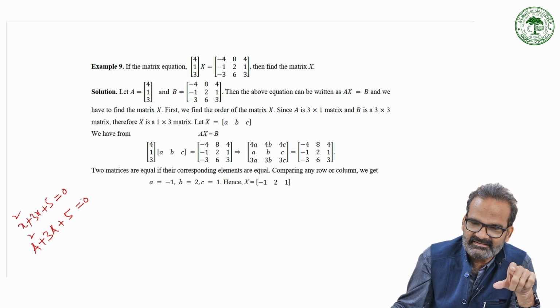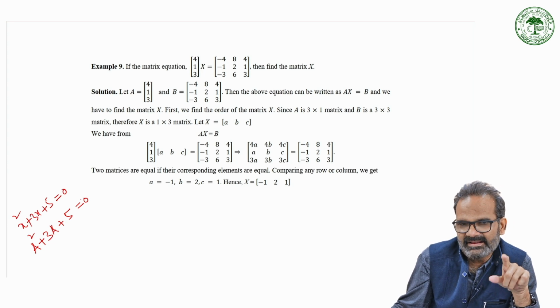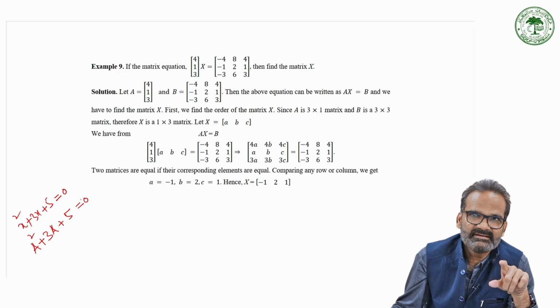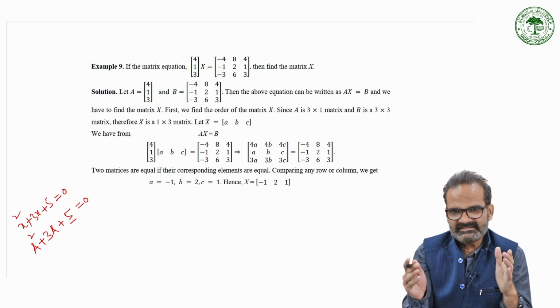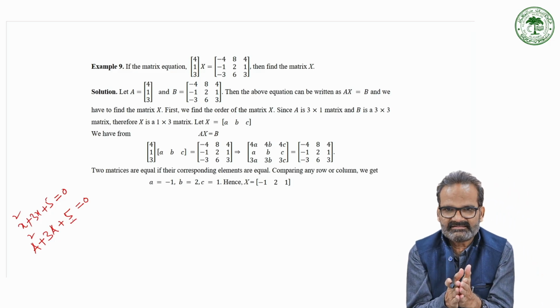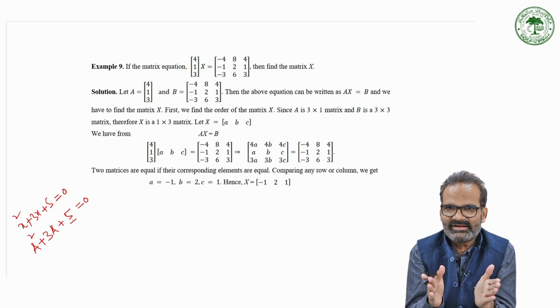A is a matrix, A square is a matrix, because A is multiplied with A. 3A is also a matrix because it is a scalar multiplication of a matrix by 3, but 5 is a number. Matrices can be added with a matrix, but matrices cannot be added to any number.